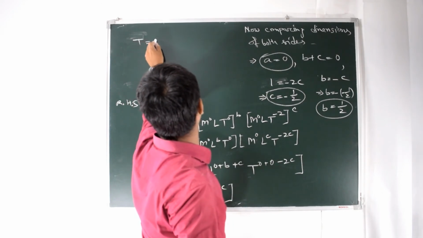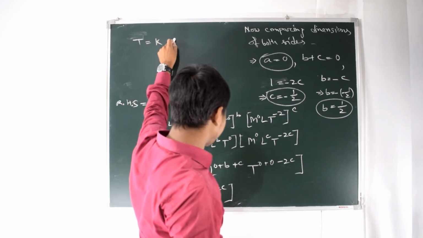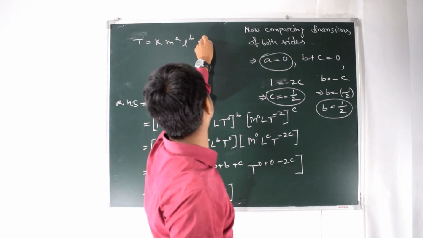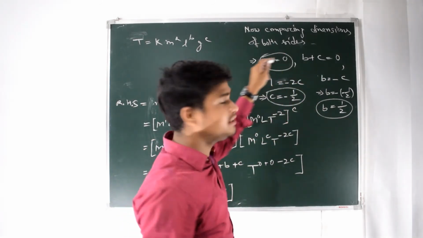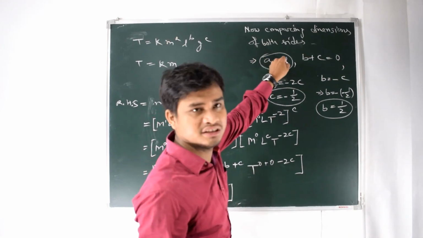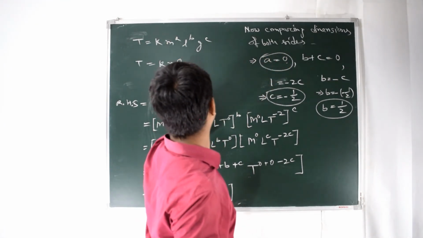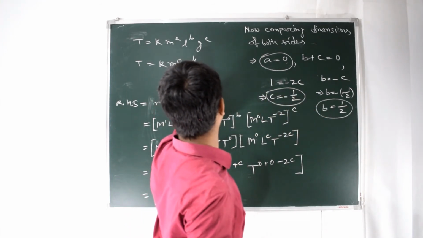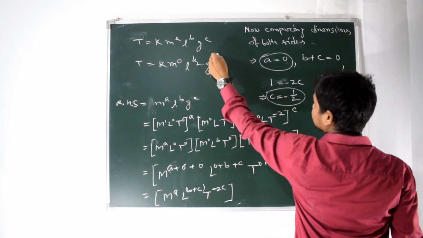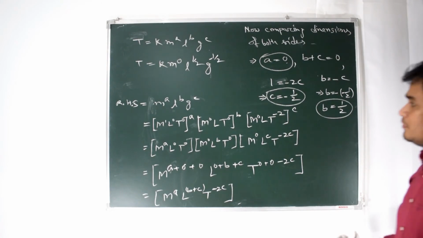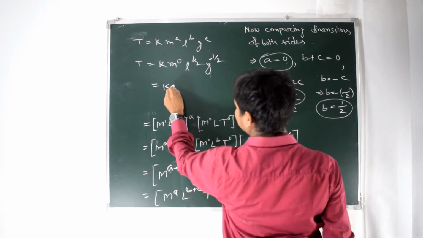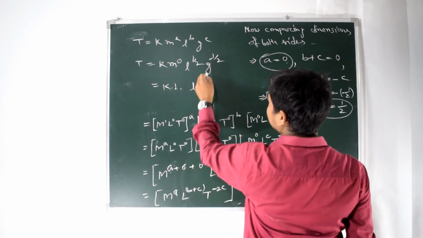Time period T is equal to K, M to the power A, L to the power B, and G to the power C. We got the values of A, B, and C. So time period is equal to K, M to the power 0, L to the power half, G to the power minus half.